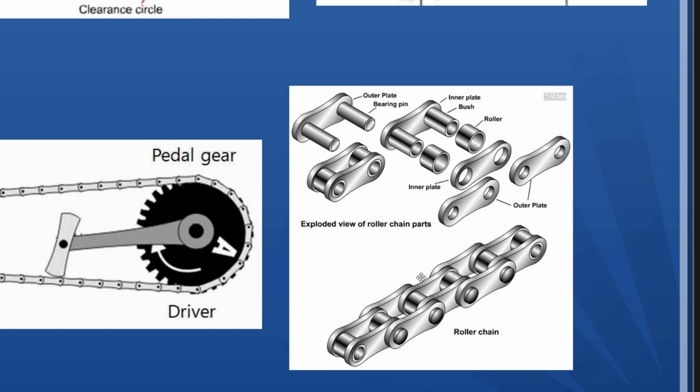These elements combine to form sub-assemblies: the outer link, or pin link, which consists of two outer plates and two pins, and the inner link, or roller link, which includes two inner plates, two bushes, and two rollers. The complete chain assembly is created by alternating outer and inner links in sequence, resulting in a flexible chain that smoothly transmits the motion over the sprockets.